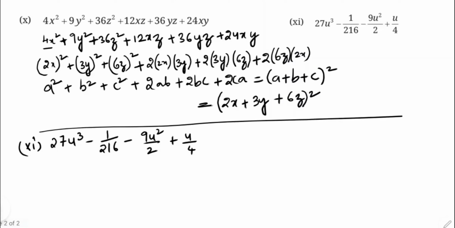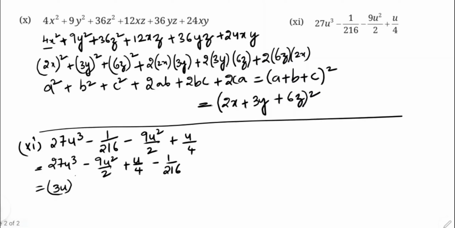If we rearrange this, we will get first 27u cube, minus 9u square by 2 plus u by 4 minus 1 by 216. Okay, so let us write this 27 as 3 cube.